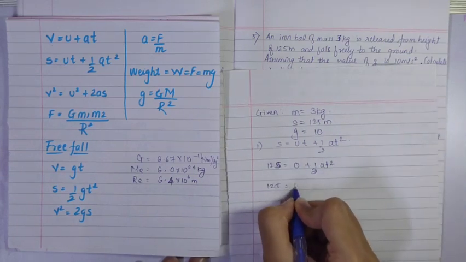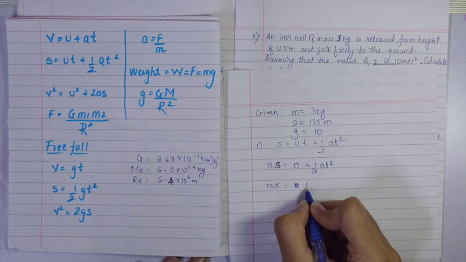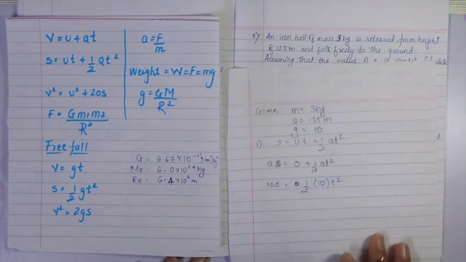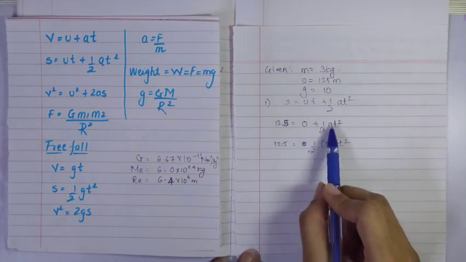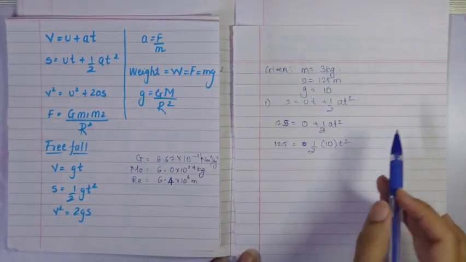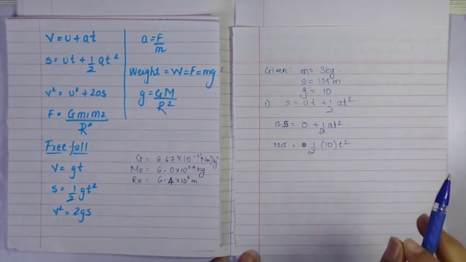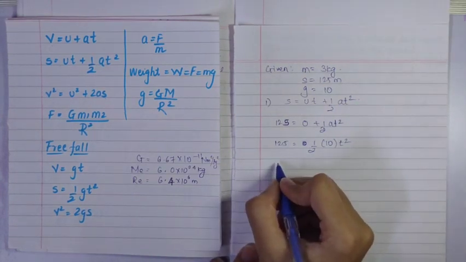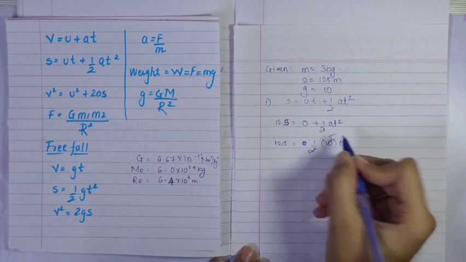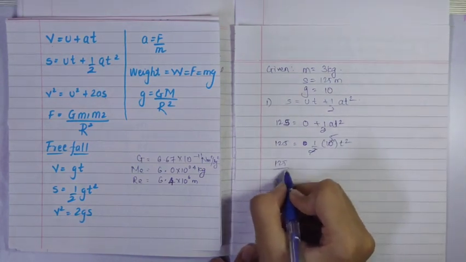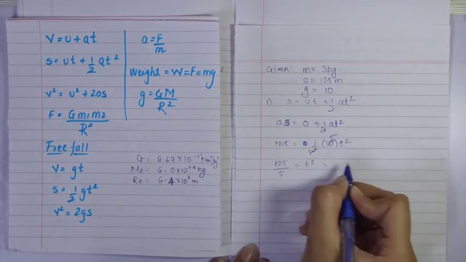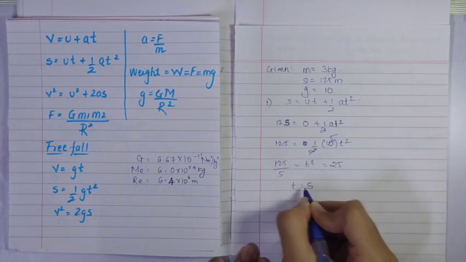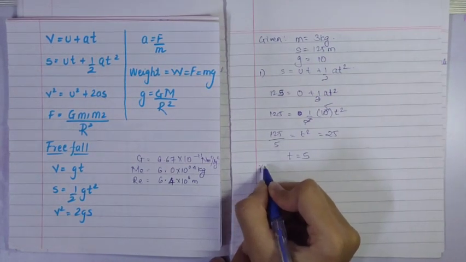A will be 10, that is acceleration due to gravity. You will not find A by F by M method here because they've given you to assume A, that is acceleration due to gravity, as 10. So this will be 5, and 125 upon 5 is t square, that is 25. Therefore t becomes 5.